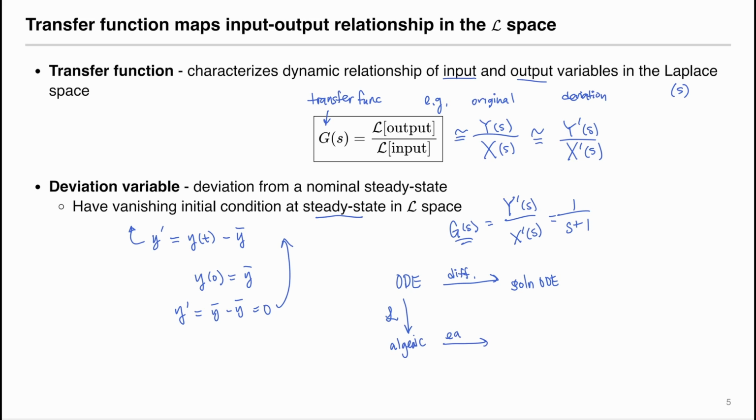And then we can easily solve that algebraic equation. In this case, we use the transfer function to describe it. And we can find the solution to the algebraic equation. And then inverse Laplace to get the solution to the hard-to-solve ordinary differential equation.